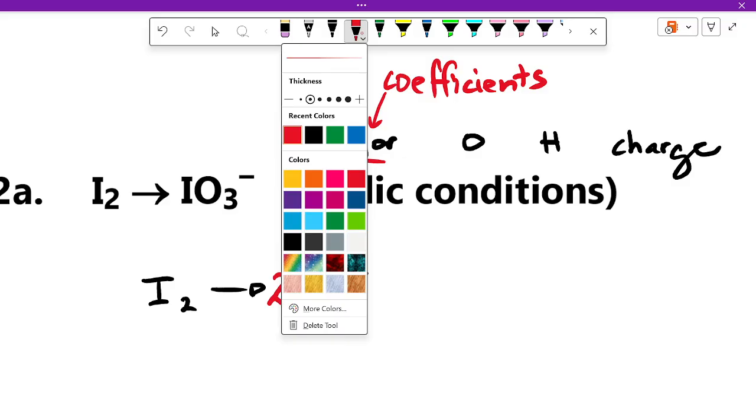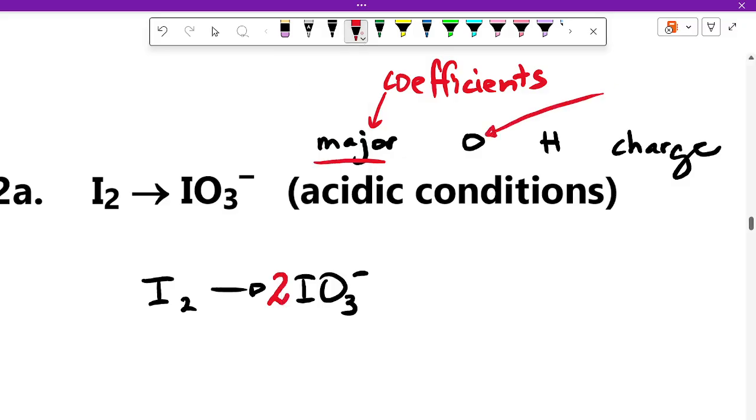How do we deal with oxygen? We add H2O. How many oxygens do we have on the right-hand side? 2 times 3 is 6. Absolutely. So we have 6 oxygens. So how many water do we need to add? 6. Hydrogens. How do we deal with hydrogens?